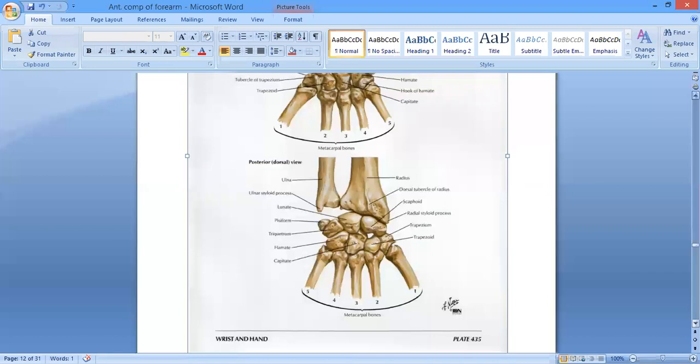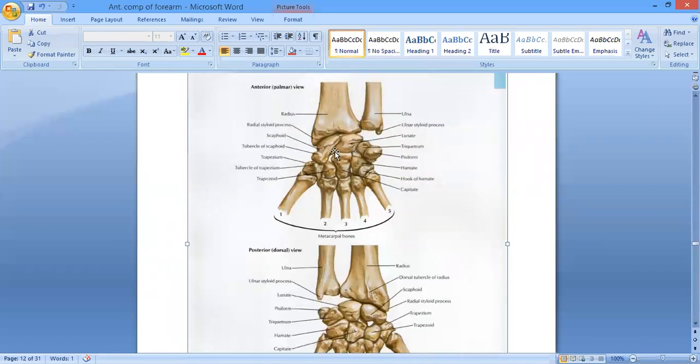The two carpal rows, right? These carpal rows are basically concave on the anterior aspect. This retinaculum is attached on the lateral aspect to the tubercle of the scaphoid and the trapezium, right? On the medial aspect, it is attached along the pisiform bone and the hook of the hamate.